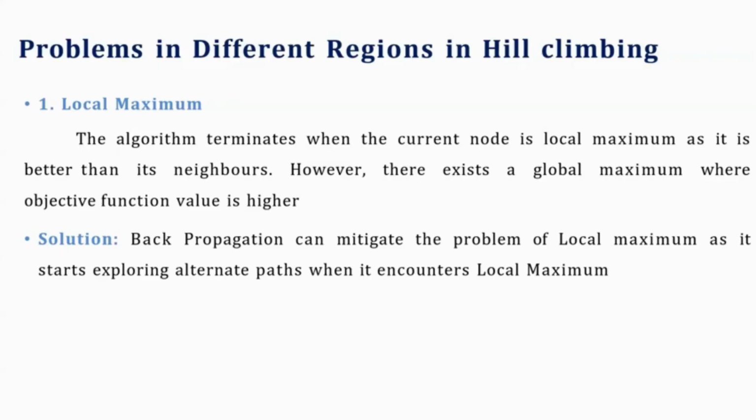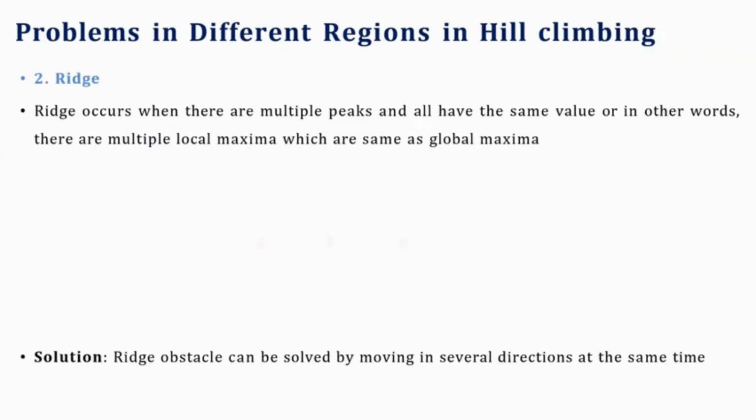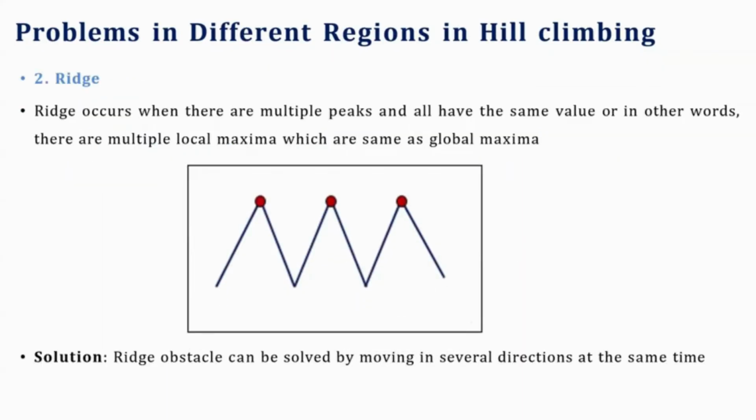So even if a higher global maximum exists elsewhere, the algorithm stays at the local maximum. The way to mitigate the problem of the local maximum is to start exploring alternate paths when it encounters a local maximum.